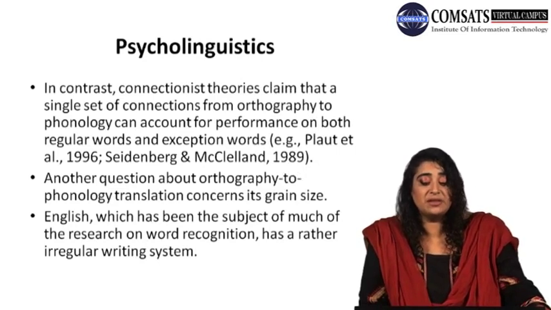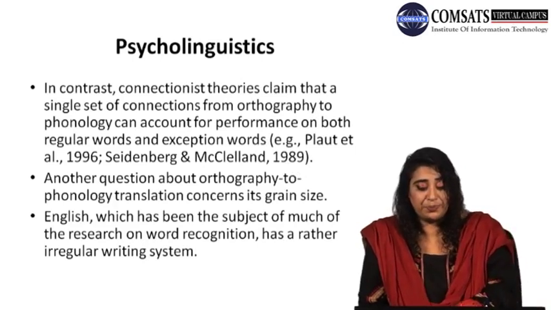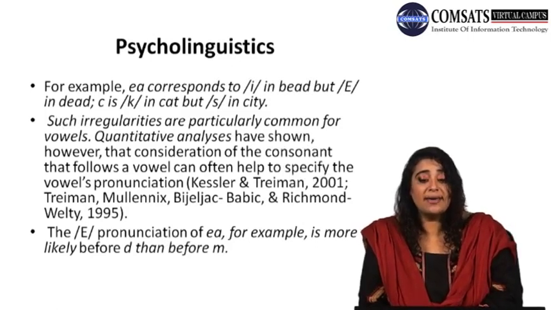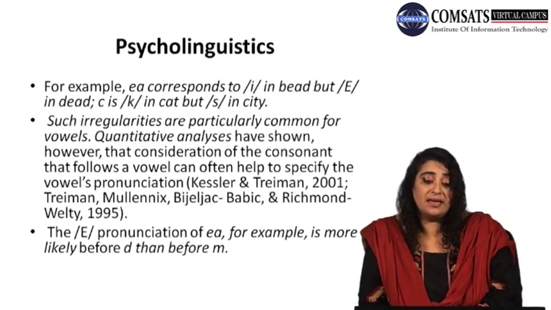English, which has been the subject of much research on word recognition, has a rather irregular writing system. For example, EA corresponds to I in bead, but E in dead, C to K in cat, but S in city.